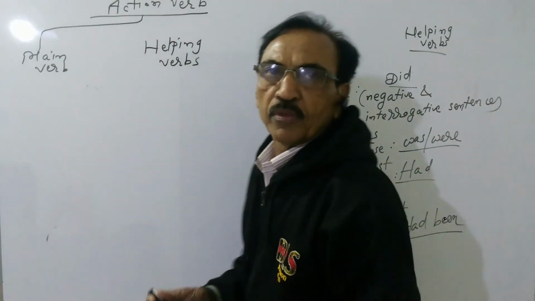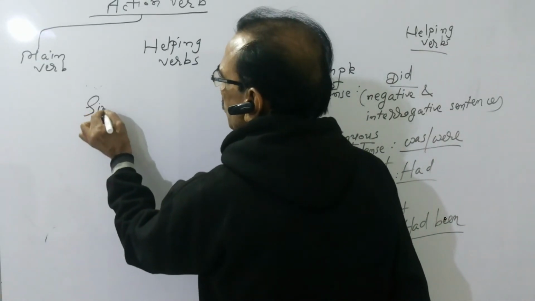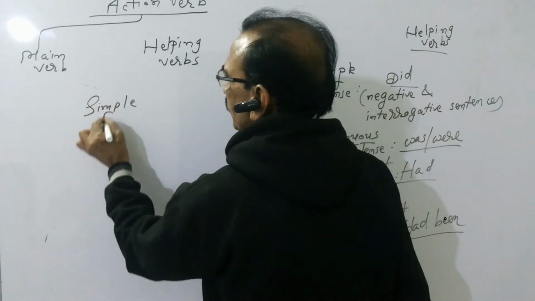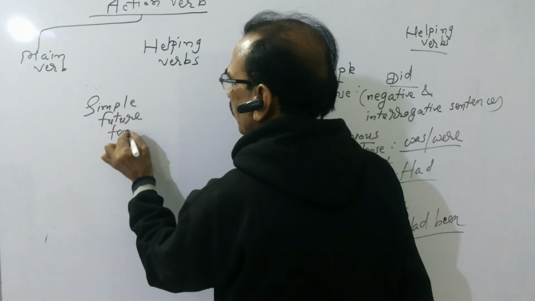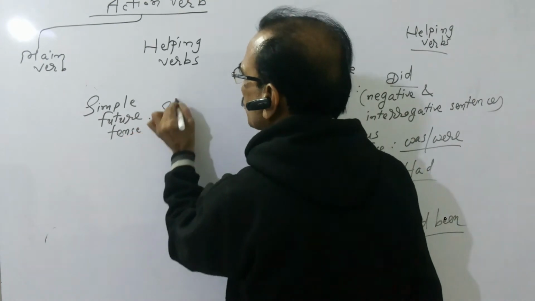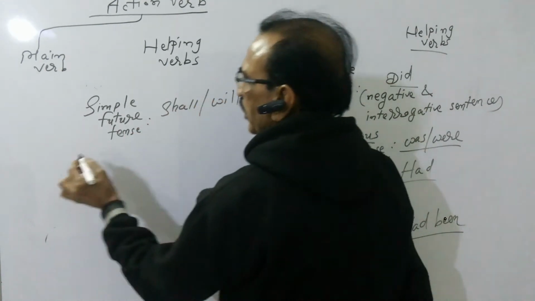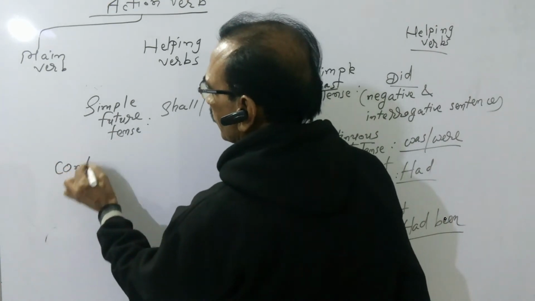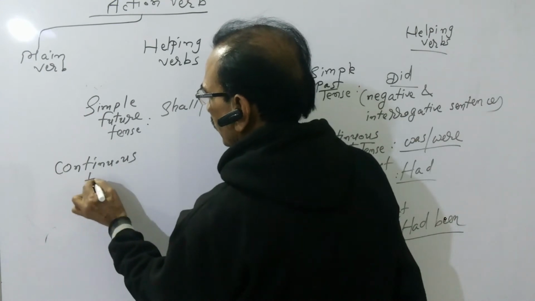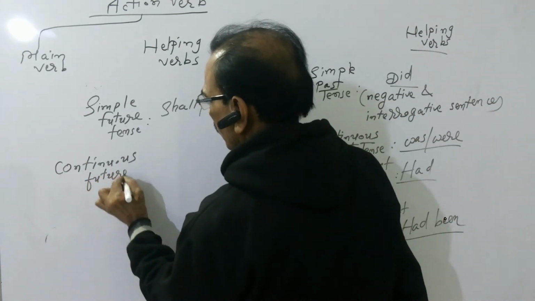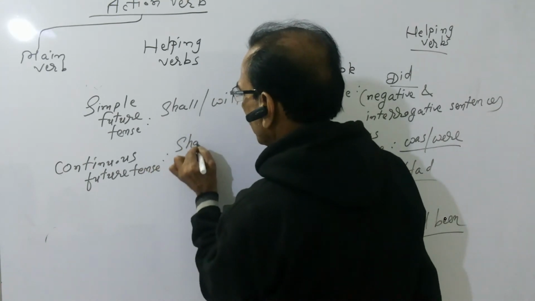It's very simple. Don't feel confused while remembering this helping verb. Simple future tense, we have to use shall or will. In continuous future tense, we use shall be or will be as a helping verb.